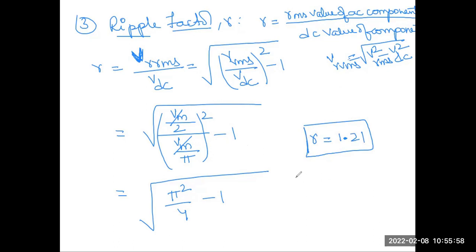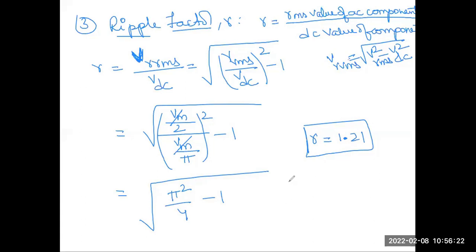So what should we understand from this value of 1.21? The amount of ripple component present in the rectifier output is very, very high. It is almost greater than 100%. So in the half wave rectifier output, more AC is observed and very little DC output exists.